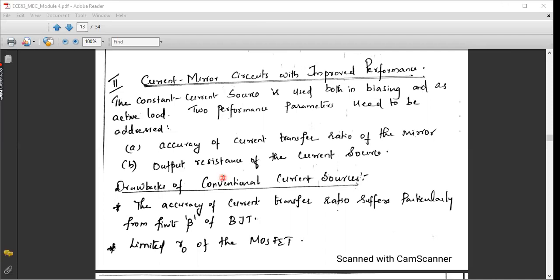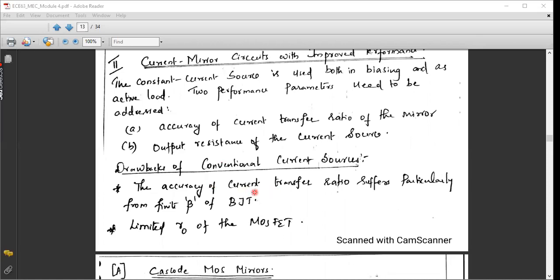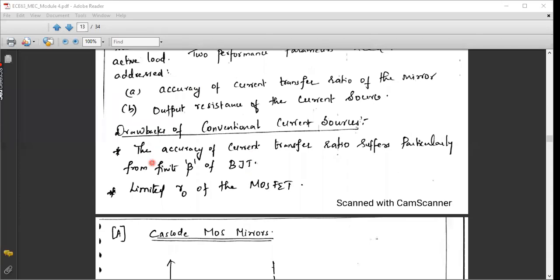So if you see conventional current sources or current mirror circuits, what are their drawbacks? The first one is that the accuracy will be very less. That means it will not be a 1:1 ratio, and that is particularly because of the finite effects of beta of BJTs.